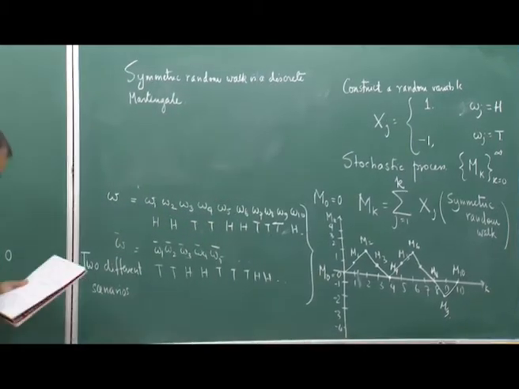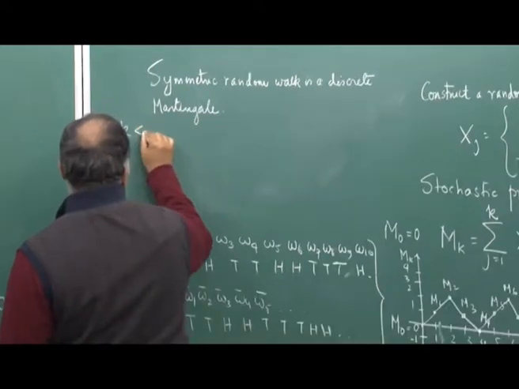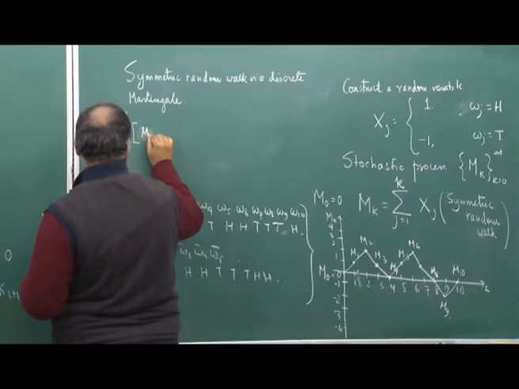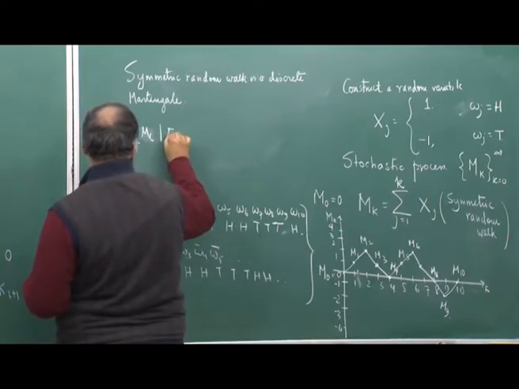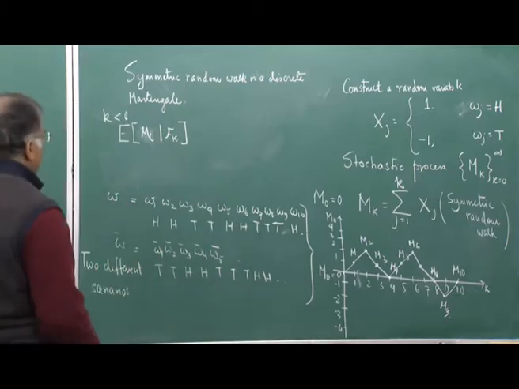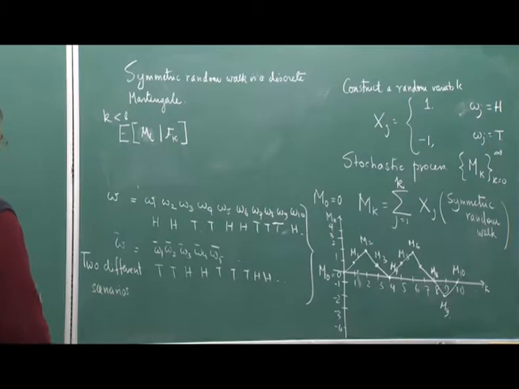You can easily prove that it is a martingale. You take any k strictly less than L and look at the expectation of ML conditioned on the filtration, the sigma algebra Fk, which is a part of the filtration.